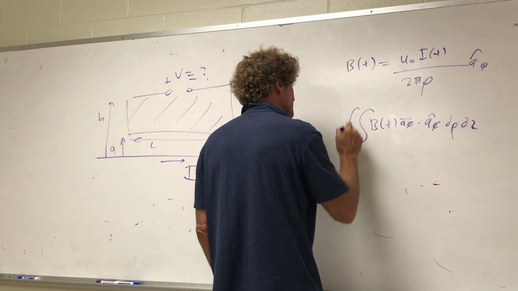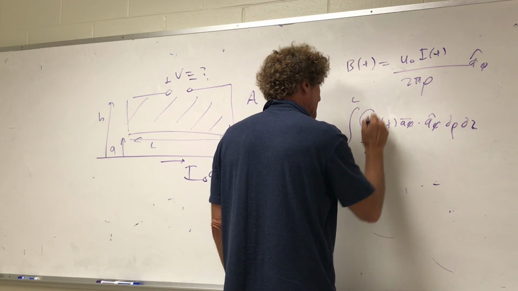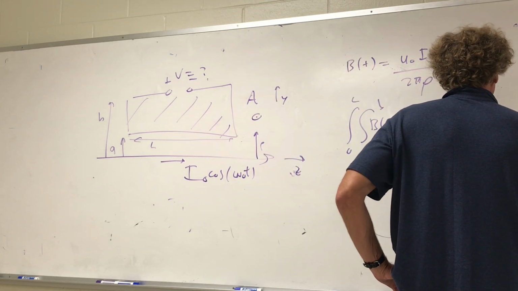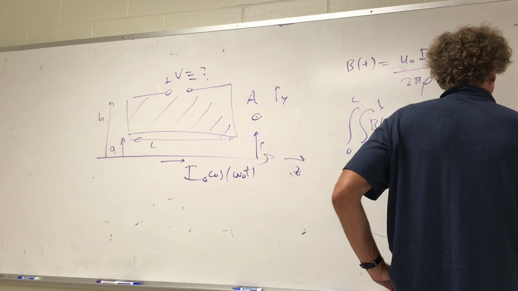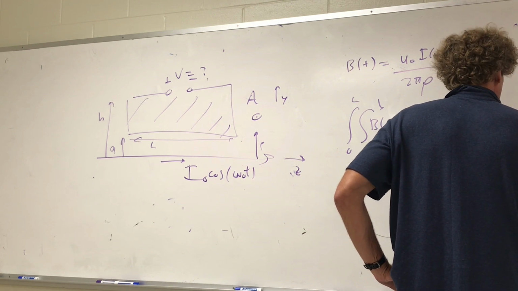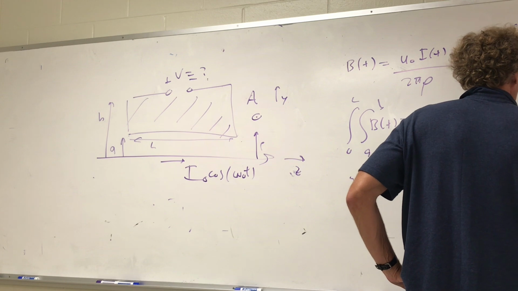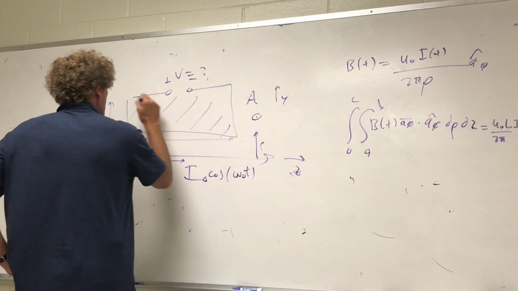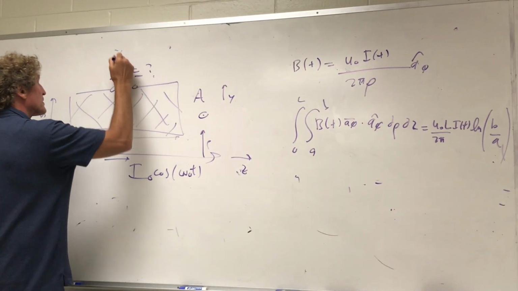Let's say z goes from 0 to L, and rho goes from a to b. And you can see the total flux there is going to be mu 0 times I of t over 2 pi, times L, that's the length, times the natural log of b over a. And that would be the total magnetic flux here.